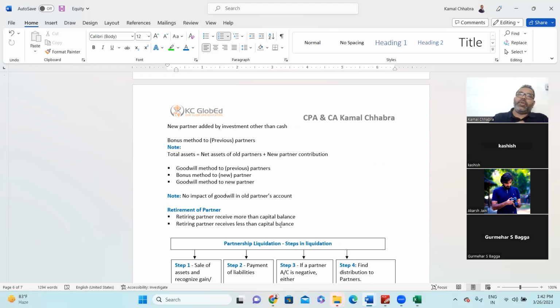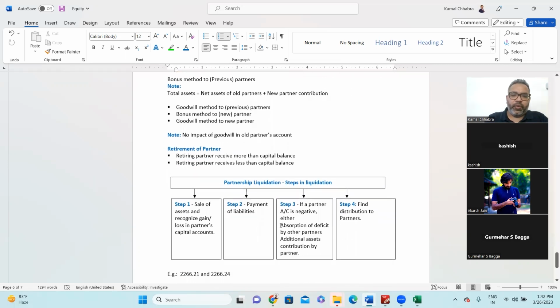So how much bonus we need to pay to the previous partners who is being a retiring partner or who is a remaining partner in the partnership firm. So there are a couple of methods, like goodwill method, bonus method, or goodwill method to the new partner which you can consider, and no impact of goodwill to the old partner account.